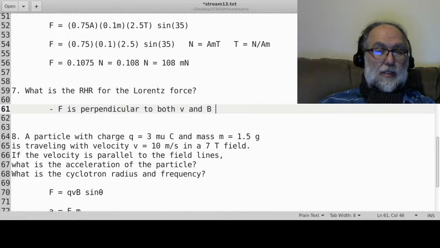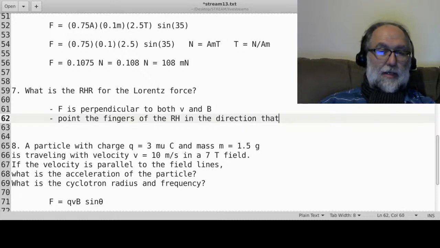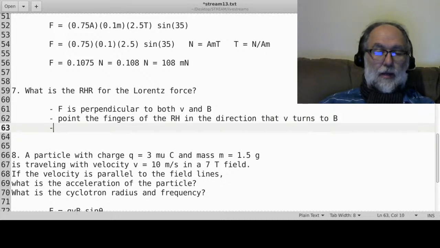And then the next part is, how do you decide which of those two directions it is? So point the fingers of the right hand in the direction that V turns to B, okay?